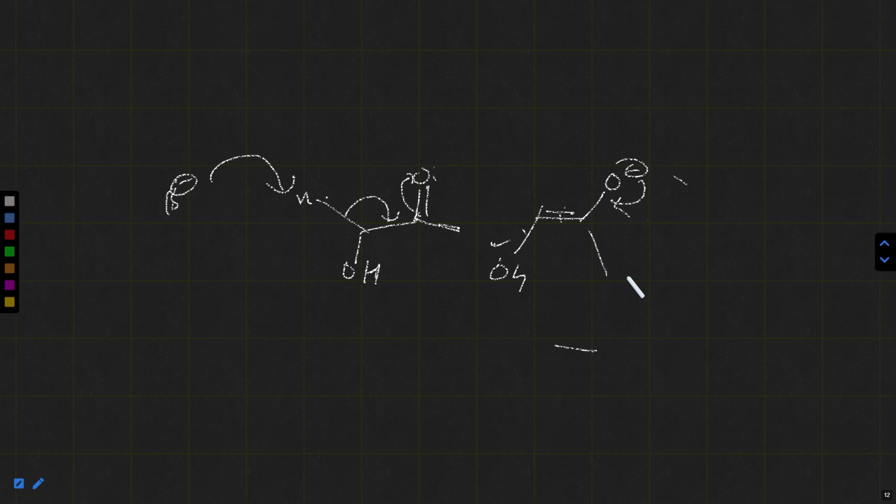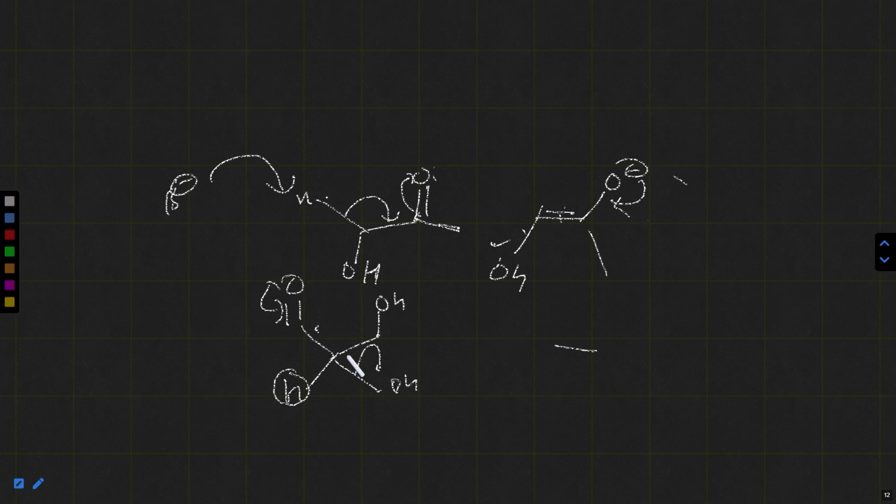Let me write it properly. So this kind of product is formed, and now this H is taken. Once this negative charge goes here, it comes back, and this OH is eliminated.